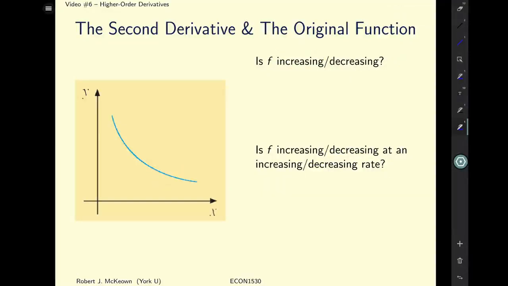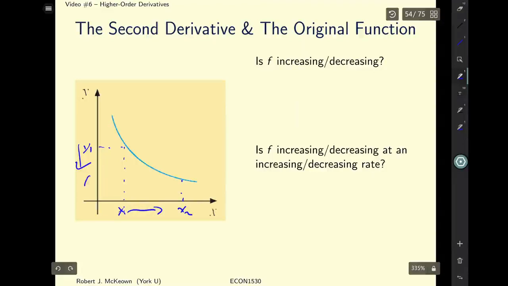Now let's look at our next function. Is f increasing or decreasing? Well, as x gets bigger, y seems to be getting smaller. And so we can say that f is decreasing.